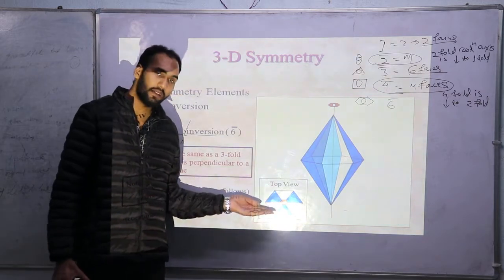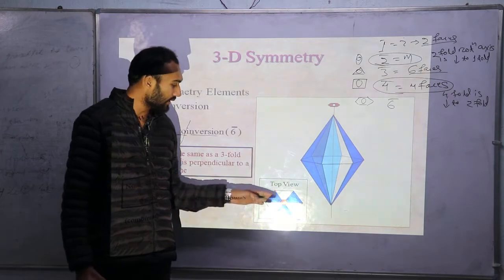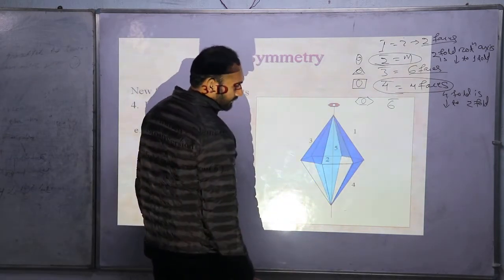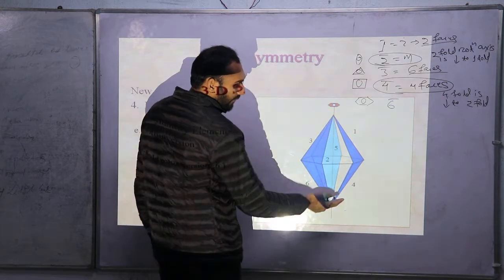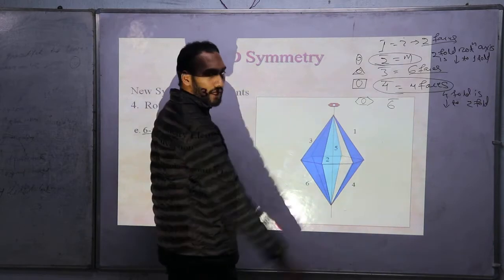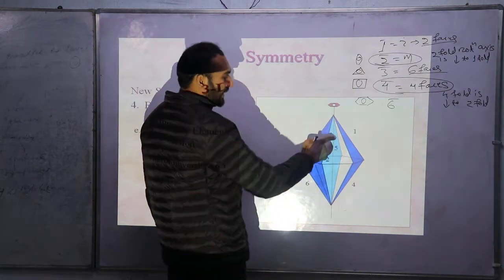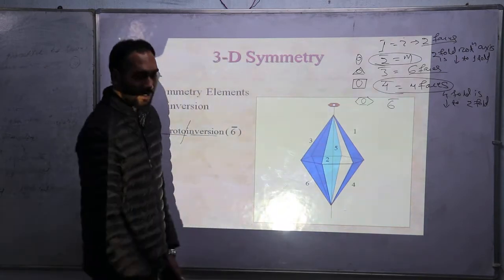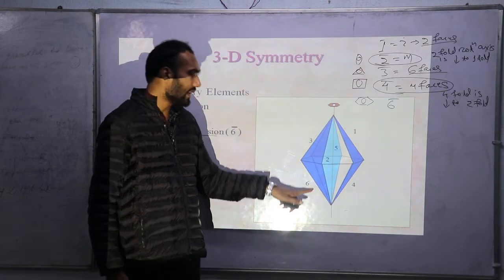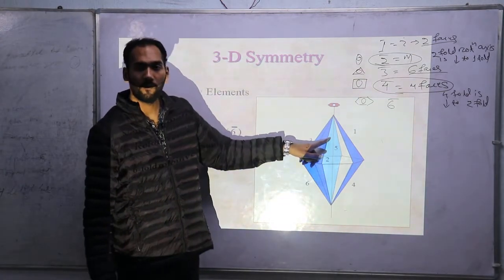The lower hemisphere faces are exactly below the upper ones. If you see, this is 1 and 4 is exactly below 1, 6 is exactly below 3, 2 is exactly below 5. That means 4 is the mirror image of 1, 6 can be the mirror image of 3, 2 can be the mirror image of 5.